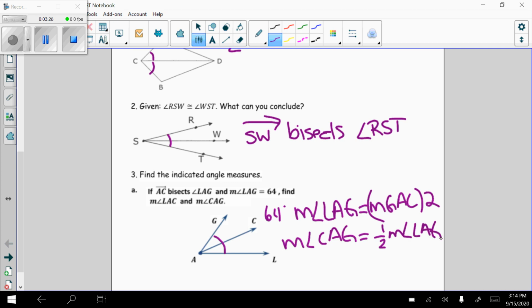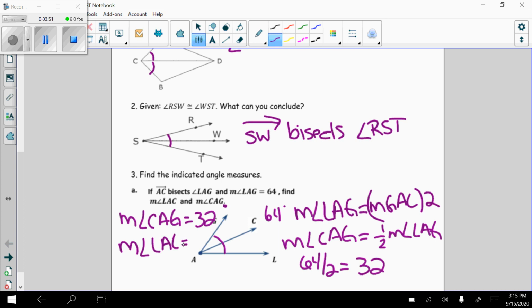So LAG is 64, cut 64 in half, and I have 32. So the measure of angle CAG is equal to 32 degrees. The measure of angle LAC, they are congruent, right? It got bisected, so the measure of angle LAC is also 32 degrees. Okay.